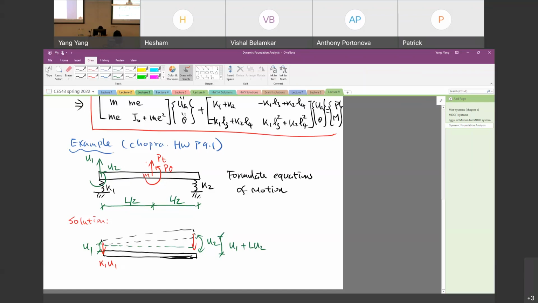The total length here is equal to L. Since U2 is very small, the actual length should be U1 plus L times tangent U2, but since U2 is very small, tangent U2 equals U2. You agree with me?